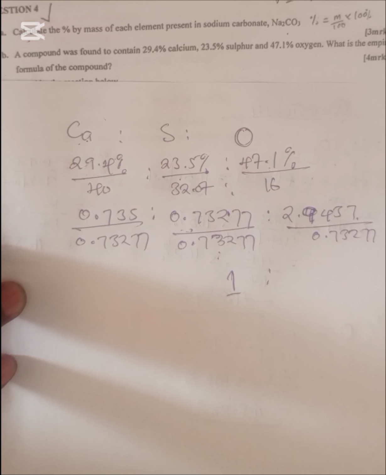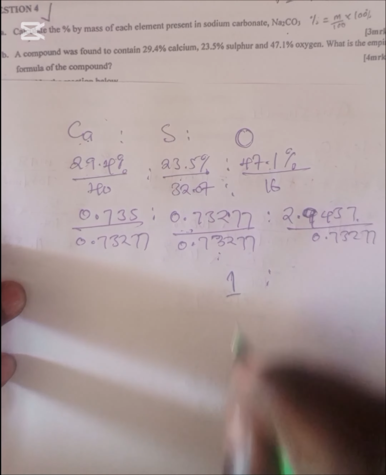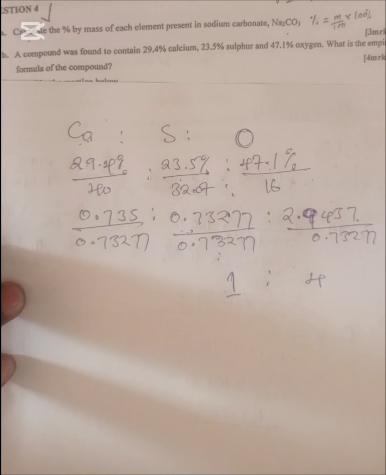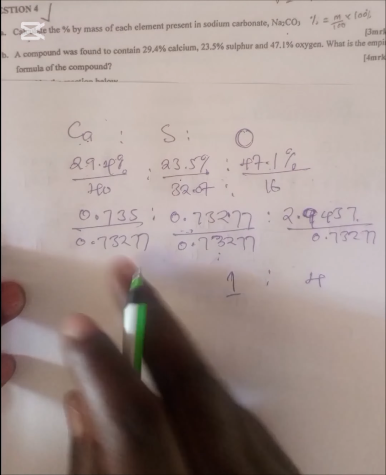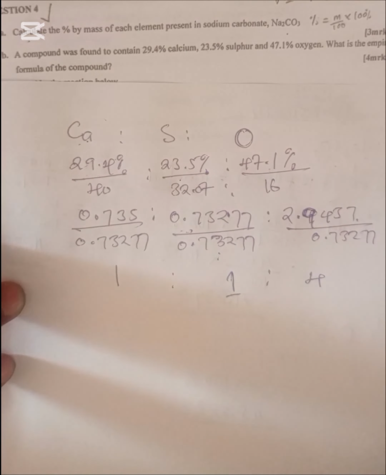And let's divide also here. We have 2.9437 divided by 0.73277. We have 4. You also come here. Automatically when you divide here, it will give you just 1.